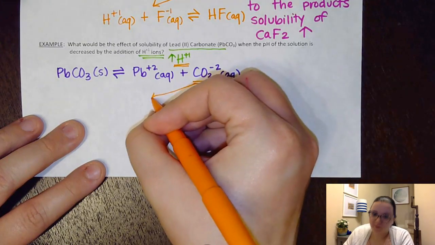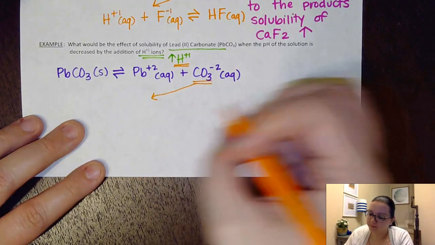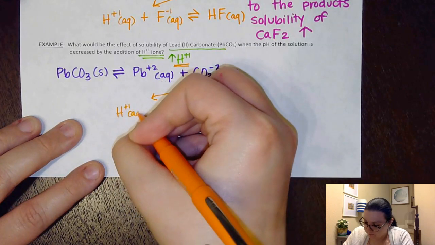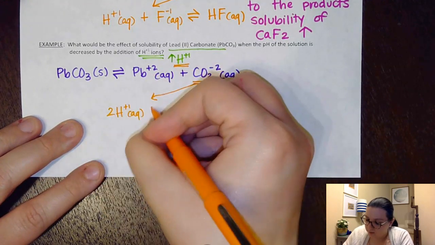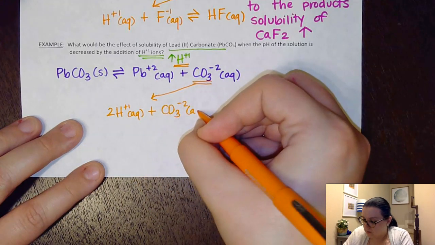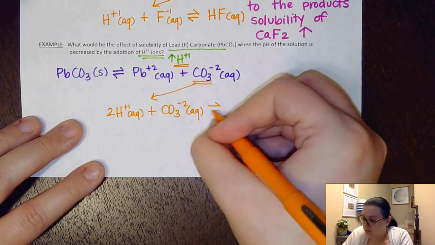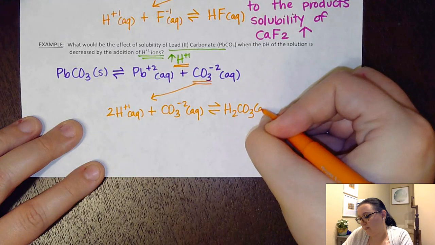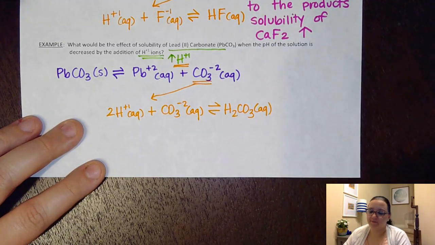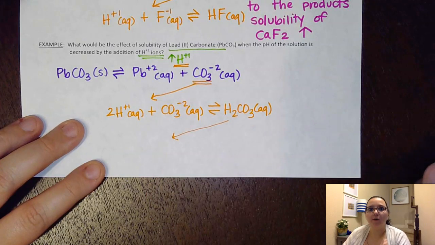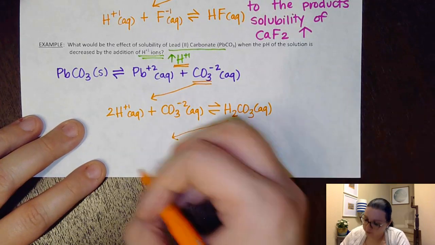And when they do so, something really interesting happens with this one. First off, the hydrogen, and actually it would take two of them, interact with the carbonate and form an equilibrium with H2CO3, carbonic acid. However, we can even take this a step further. Carbonic acid is notorious for decomposing even further.